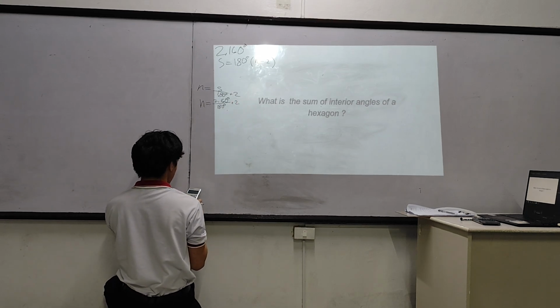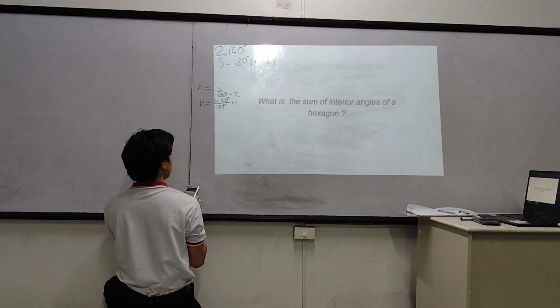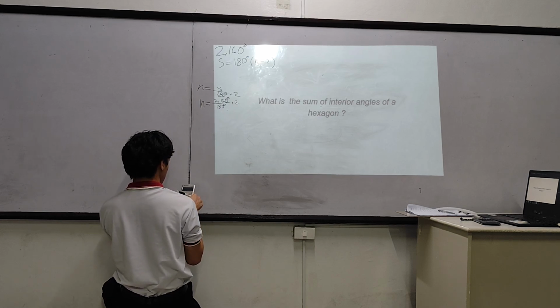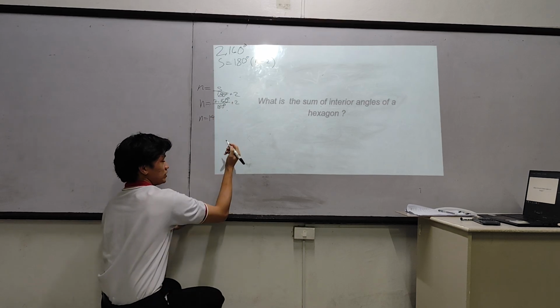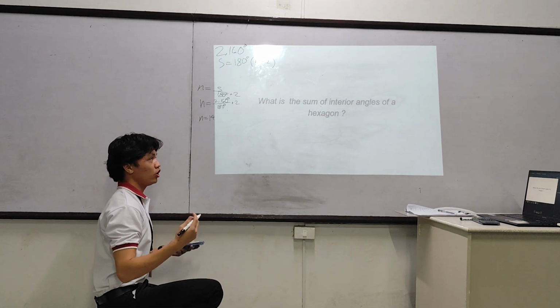So how much is that? 2,160 over 180 is 12, plus 2. The number of sides is equal to 14, which is a tetradecagon.